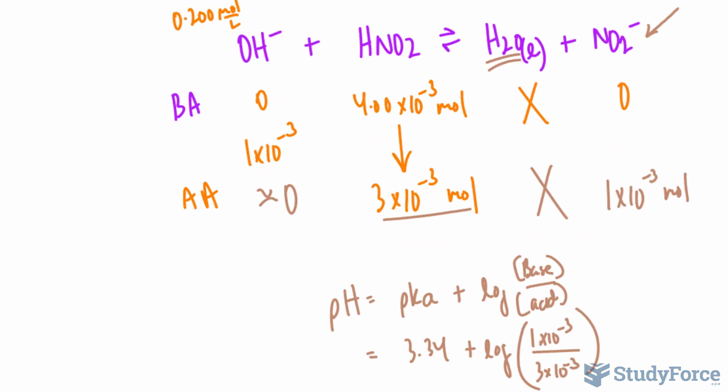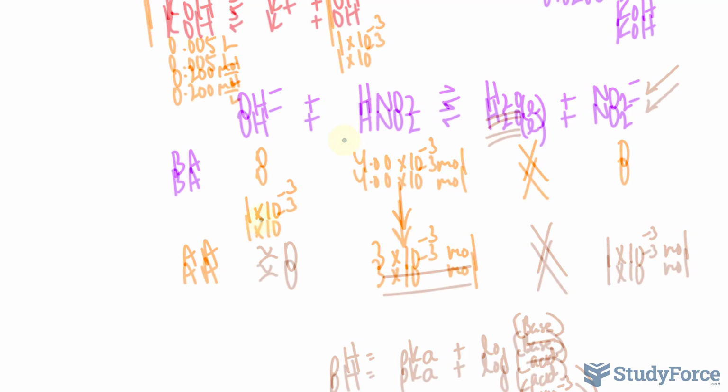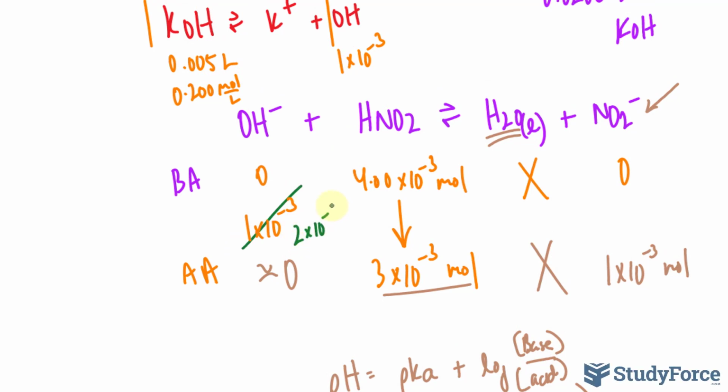So if we take a look at this, the amount of acid was 4.00, and if we divide that by 2, since it's half the equivalence, the OH- instead of 1 times 10 to the power of negative 3 is 2 times 10 to the power of negative 3, because it's half of this number. So let's make a note of that. We are adding 2 times 10 to the power of negative 3. This means that this becomes halved, and everything else pretty much stays the same.